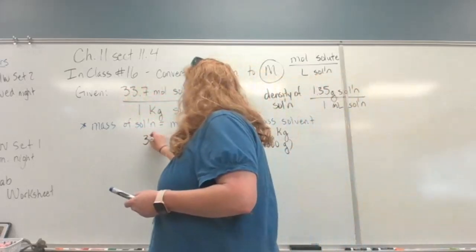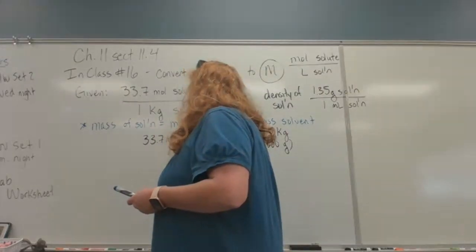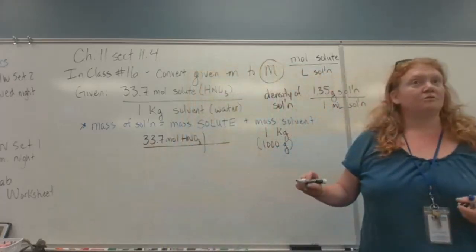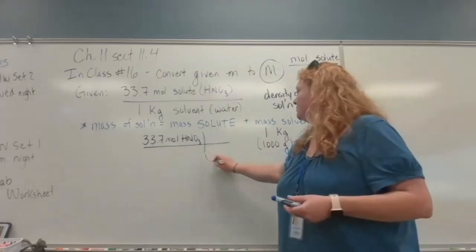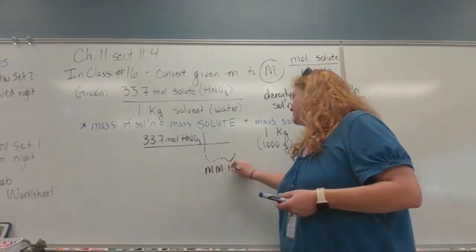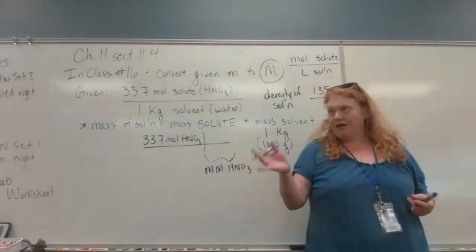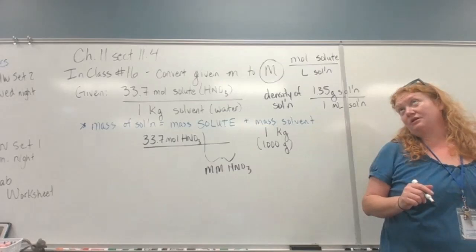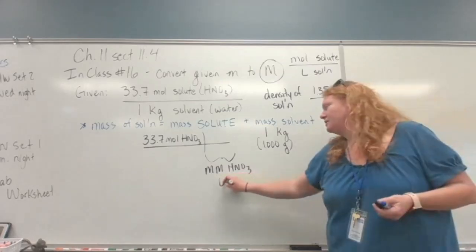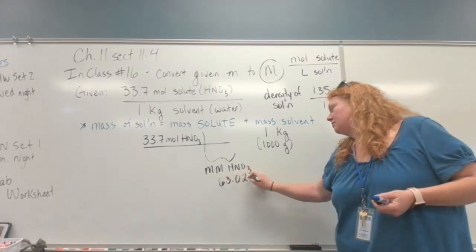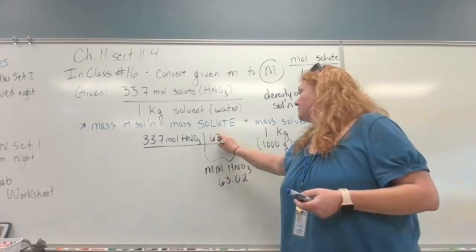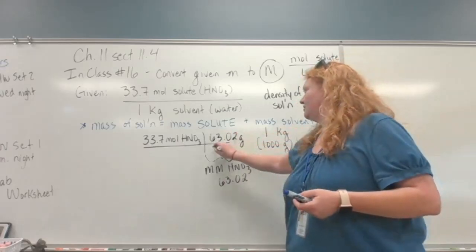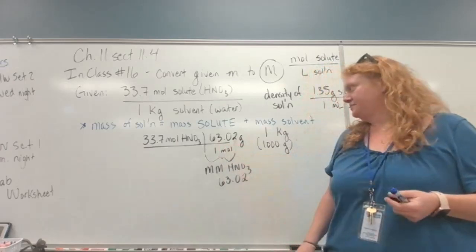Let's take those moles and let's convert it to grams using the molar mass of HNO3, which you would have to go add up for yourself, right? 1 plus 14 plus 48 is 63 grams per 1 mole, right?